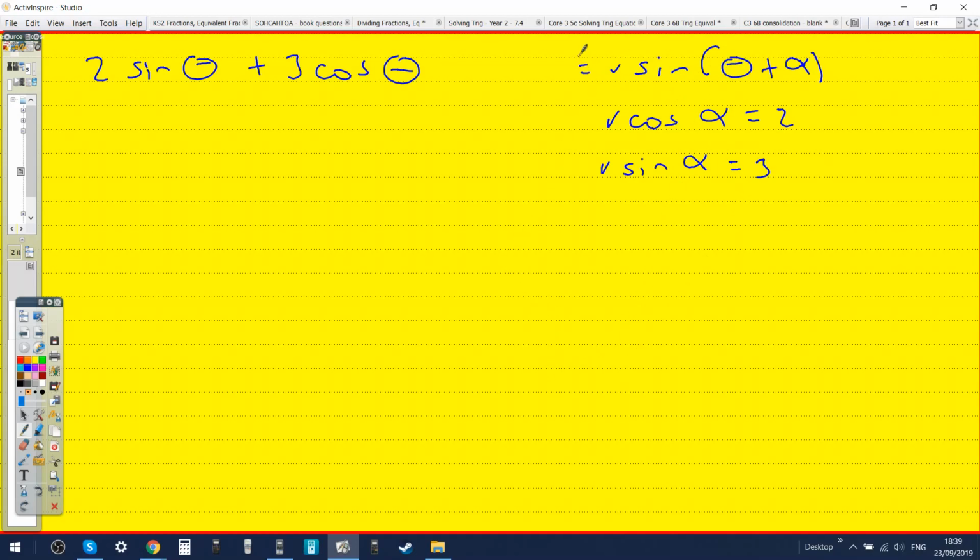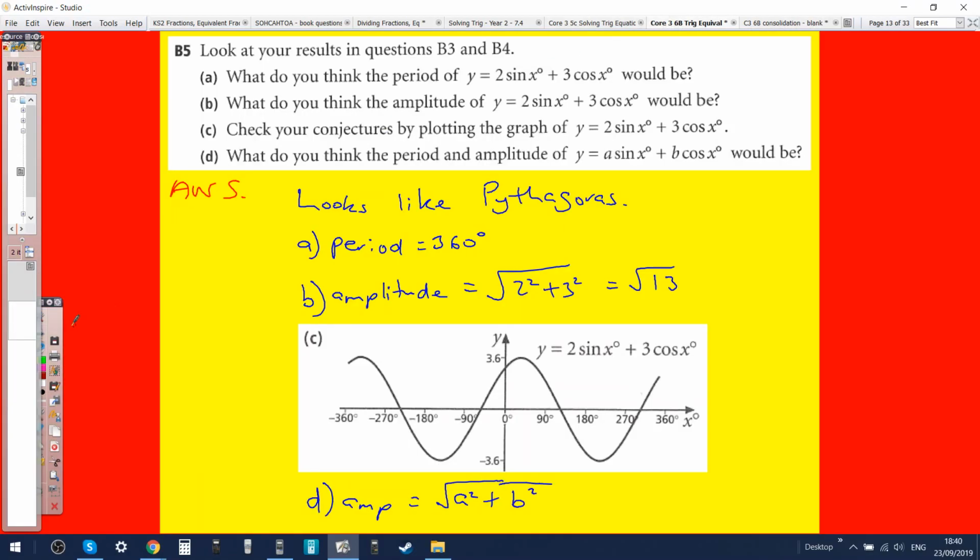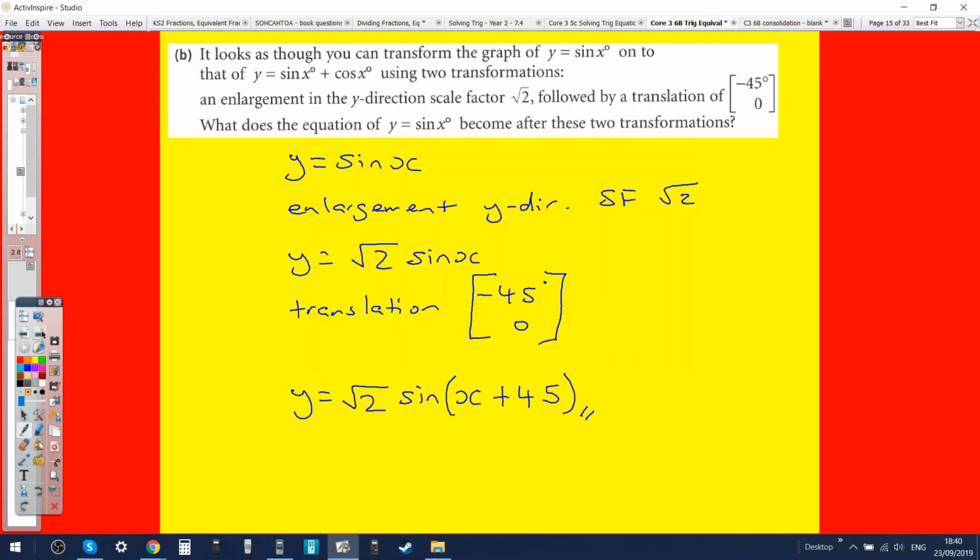So that would be r sine theta plus r sine alpha. So it's not times, it's the sine of, so it's going to be using one of your four formulae. Oh, yeah, it is. I've got it here. Okay.